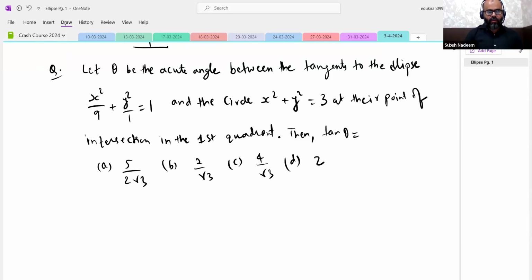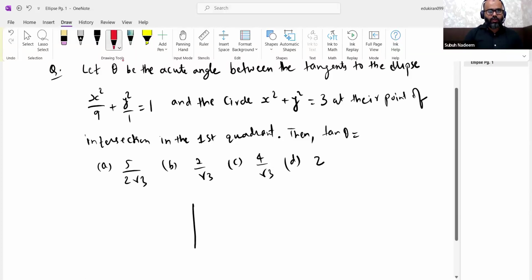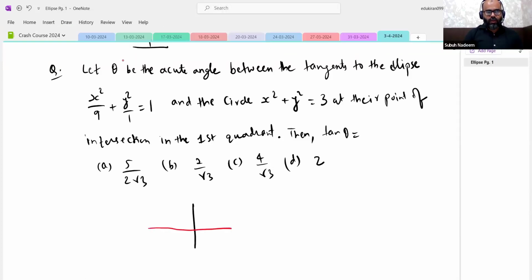So we have this x and y axis, and there is this ellipse x square by 9 plus y square by 1 is equal to 1. And then we have a circle which is x square plus y square equal to 3.